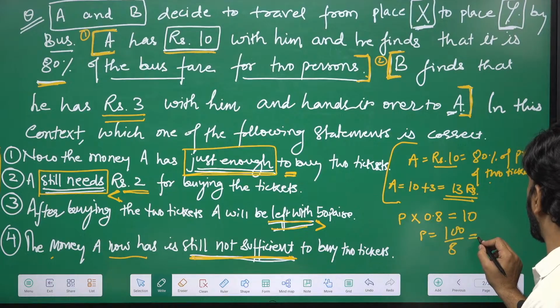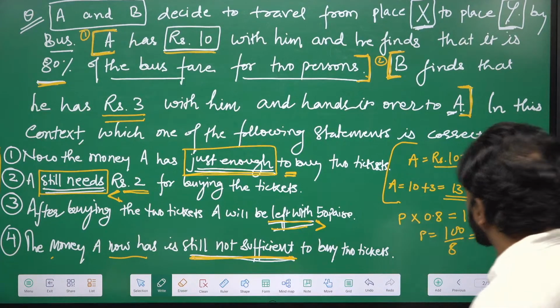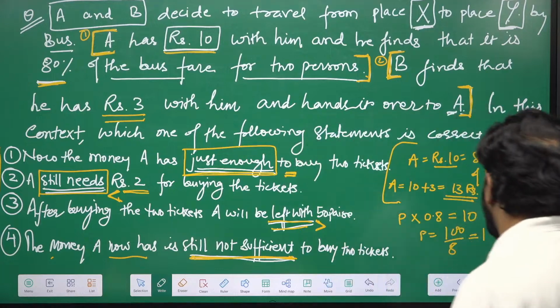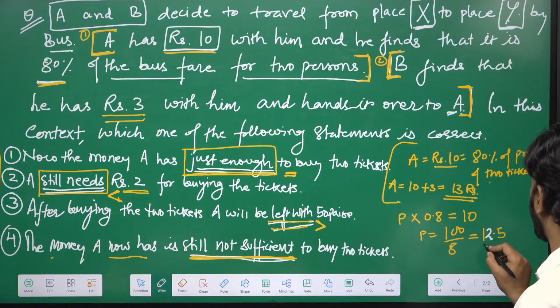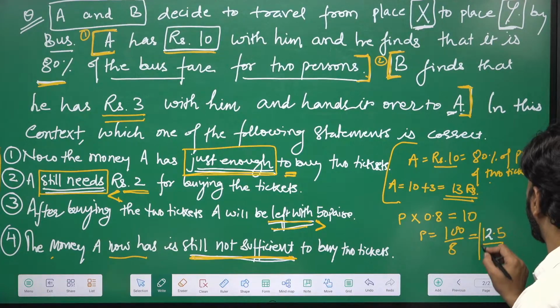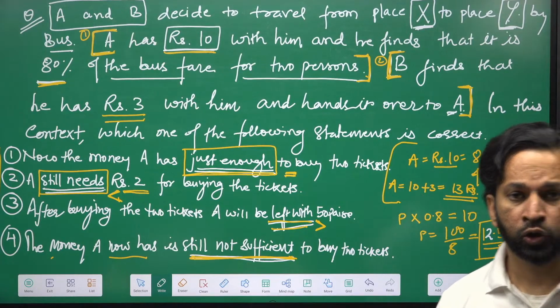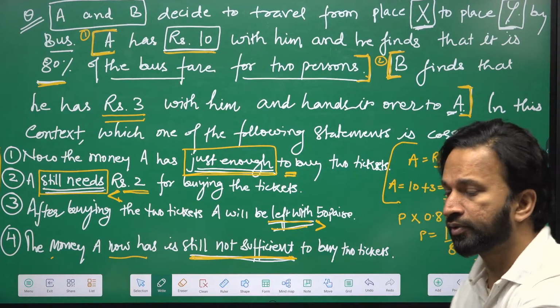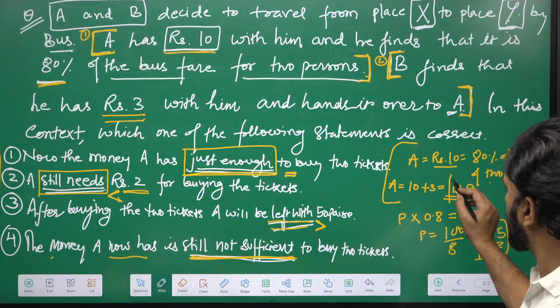That comes out to be 12.5. So the price of 2 tickets is equal to 12.5, and now A has rupees 13.